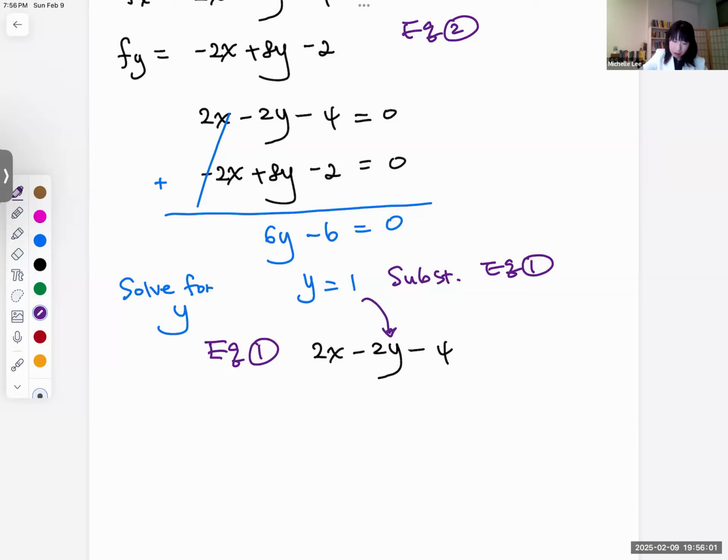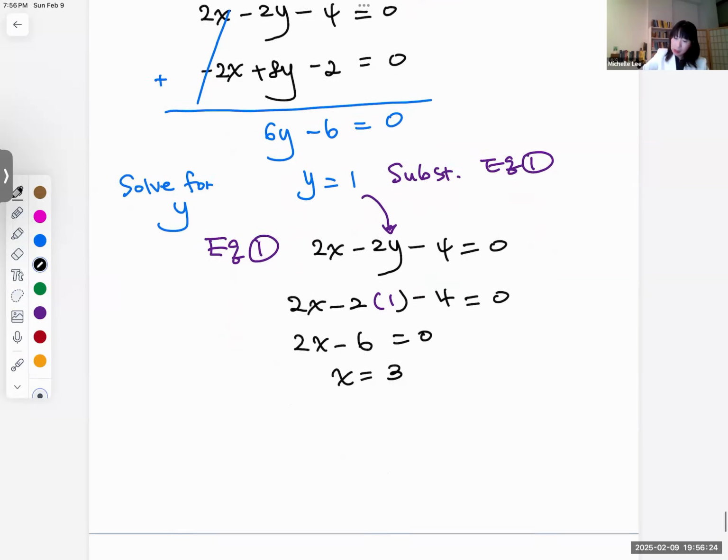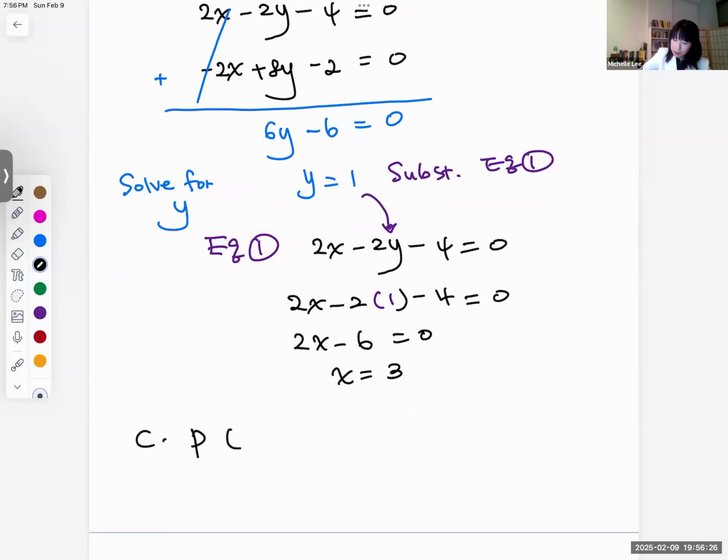So substitute. All right, so we have 2x minus 2y minus 4 equal to 0, right? Okay, 2x minus 6 equal to 0, x equals 3, right? So we have the critical point, x equals 3 and y equals 1.